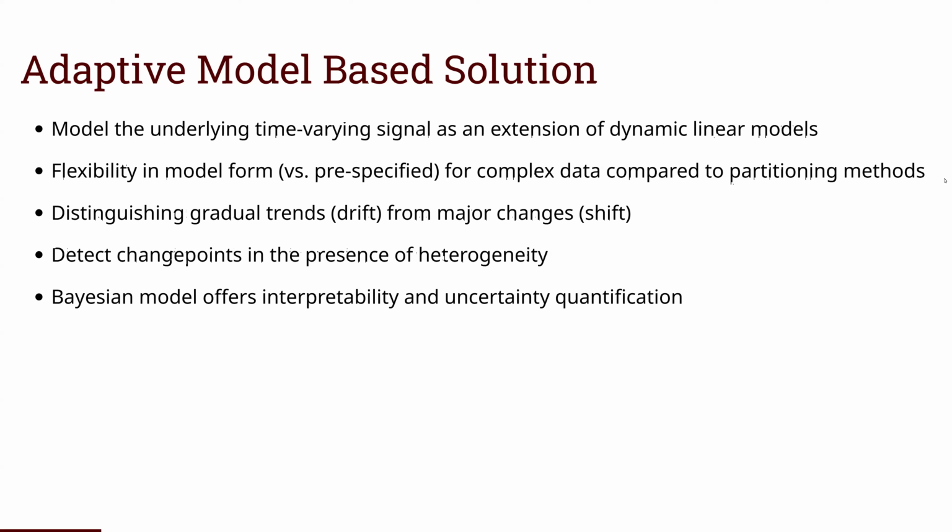We are not really specifying how many shifts there should be or how many lags. We're using something called global local shrinkage, so we can distinguish between these time periods where we have gradual, constant seasonal trends from these major shifts.